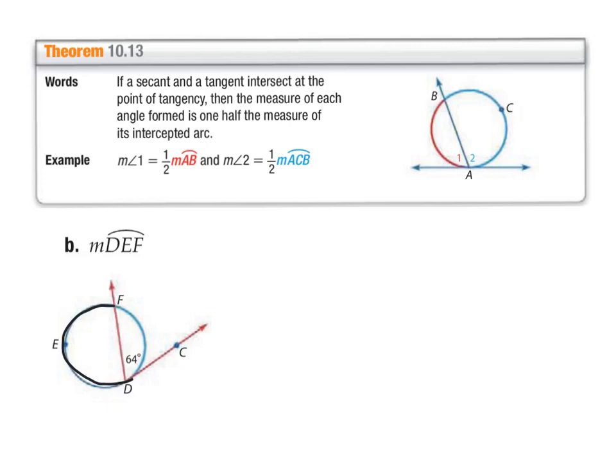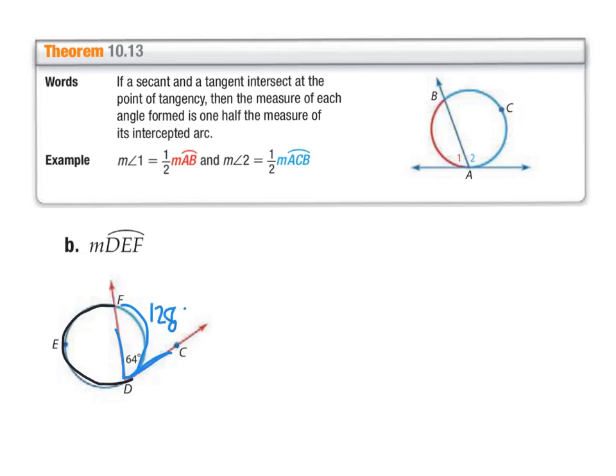In this next problem, they're asking us to find DEF, this arc right here. To do that, we're going to start by finding this arc right here, and then we can subtract it from 360. To find the measure of arc FD, I already know the measure of angle FDC is 64 degrees, and the arc is going to be twice as big. So if this angle is 64, then the arc is going to be 128 degrees.